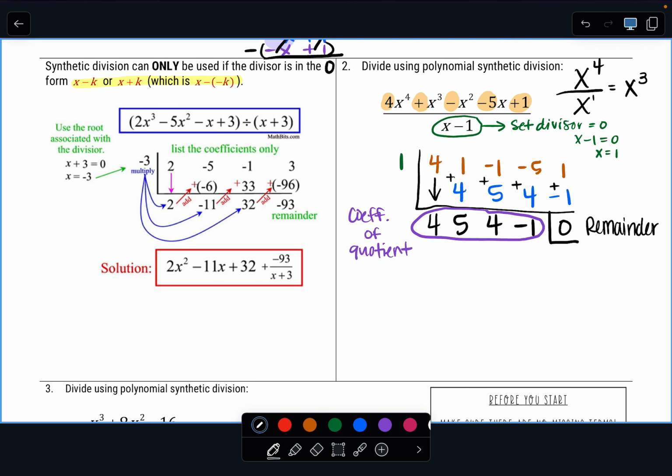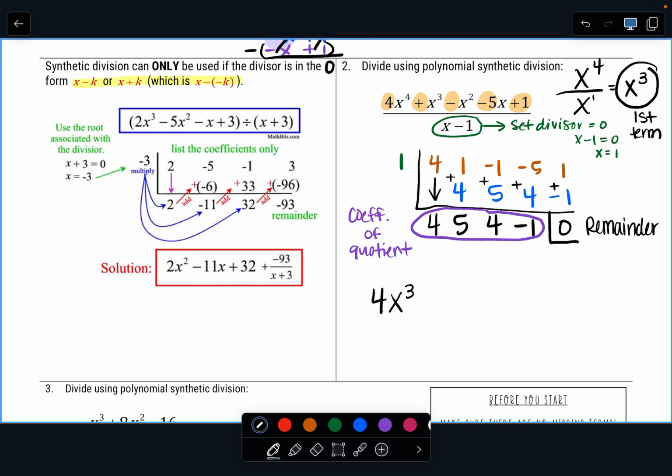So whenever you look at these problems, you need to look at what is the dividend and what is the divisor, because this is going to tell you what the first term is going to be. So when I start this, my first term has to be what, Wyatt? 4x cubed. Wonderful. Then after that, you drop it down piece by piece.